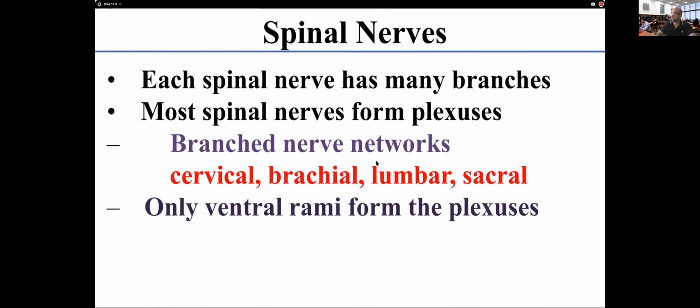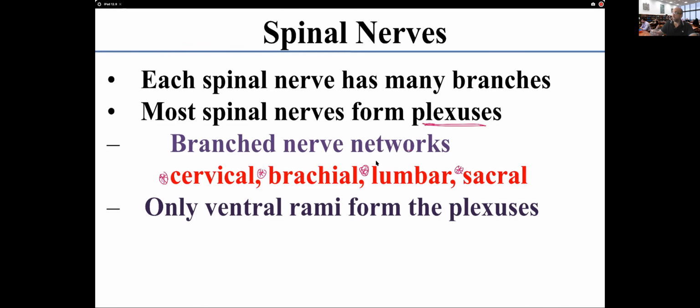Most spinal nerves will form connections or networks of nerves. We call those plexuses. A plexus is a network between all the different nerves. Branch nerve networks are the cervical plexus, brachial plexus, lumbar plexus, and the sacral plexus.